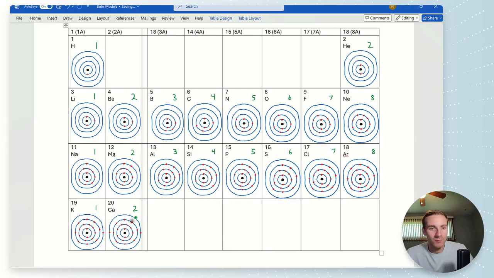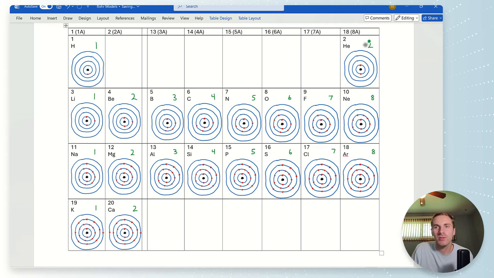Now, the reason I'm doing this is not just to be tedious, but to hopefully allow us to see a couple of trends here. If we look at this first column, these all have 1 valence electron. And then this second column, these all have 2 valence electrons. And then the third column that we're looking at, which is actually the 13th column overall, those have 3 valence electrons, and then 4, and then 5, and then 6, and then 7, and then 8, except for helium.